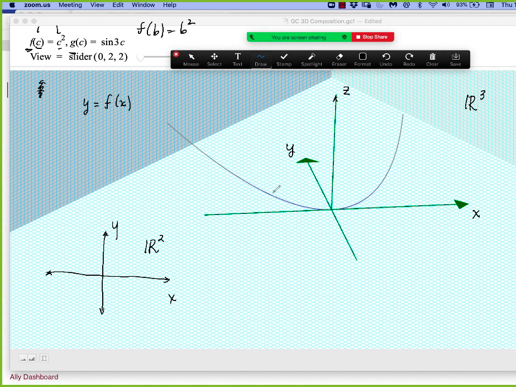Let's call this x naught. Okay, so this point right here is x naught, and at x naught I'm going to draw a line up to there.